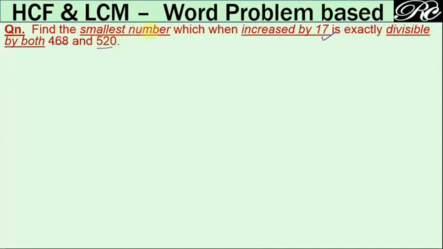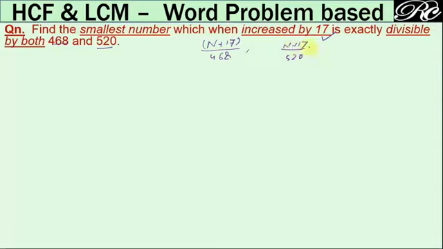See, if we consider the smallest number n, and n is increased by 17, then n plus 17 is divisible by 468 as well as by 520.